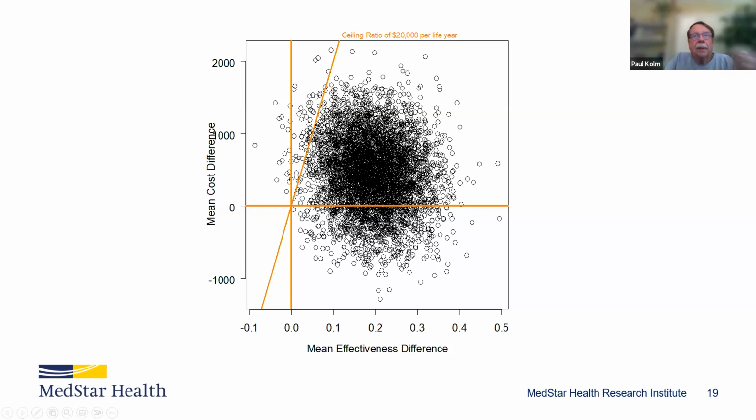And the diagonal line here we put in to whatever our willingness to pay figure is. And so in this particular example here, our willingness to pay was $20,000 per life year gained. And so what this means is that everything below our diagonal line here would be cost effective. And so you can see if we put different willingness to pay thresholds in here, the diagonal line is going to be moved up or down.